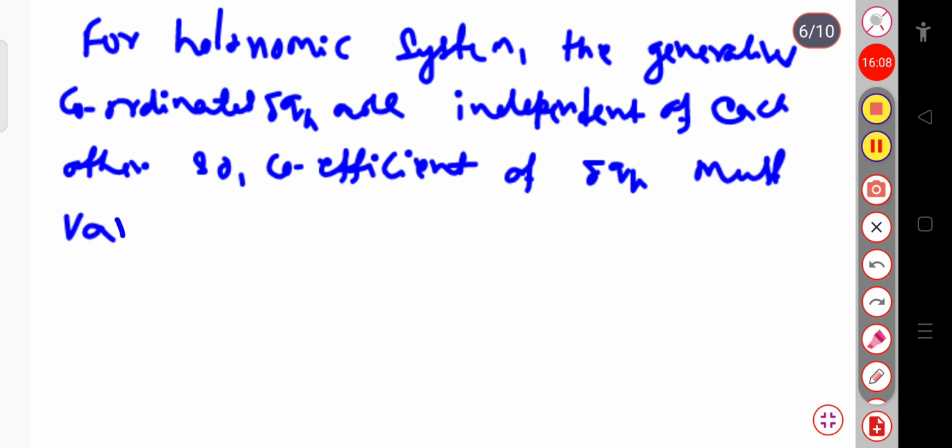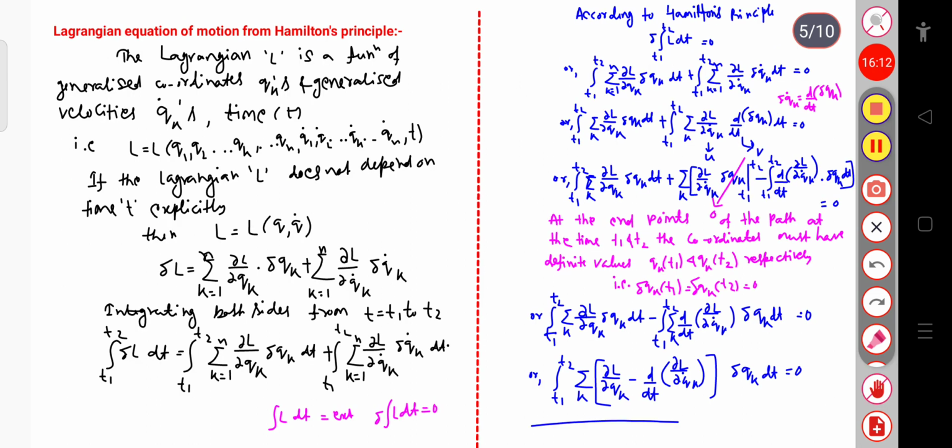So if you see this expression, the delta QK coefficient, that is this bracketed term, equals 0 for the holonomic system, since the generalized coordinate delta QK is independent. So we consider the coefficient of this delta QK term, and this term goes to 0.